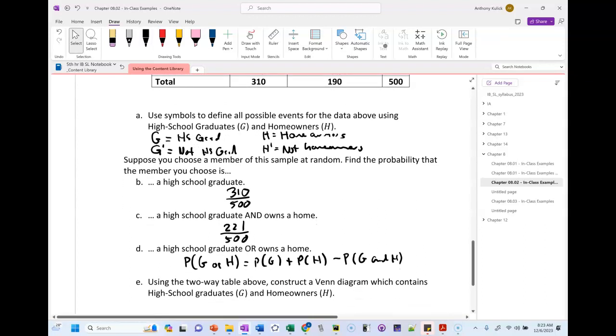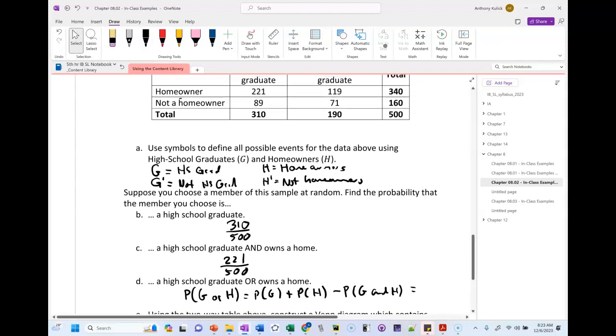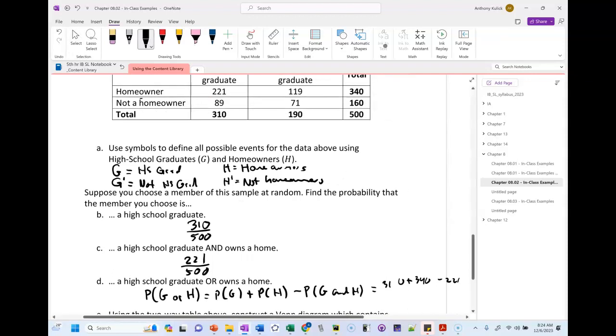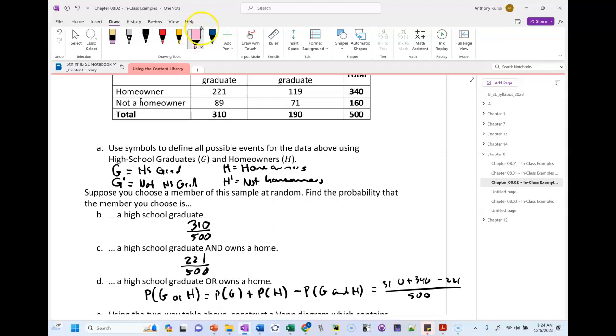So you'd have to do that. So you have 340 plus, graduate is 310 plus 340 minus 221 is how I would do that. Or I think this comes out to be the same as that, right?